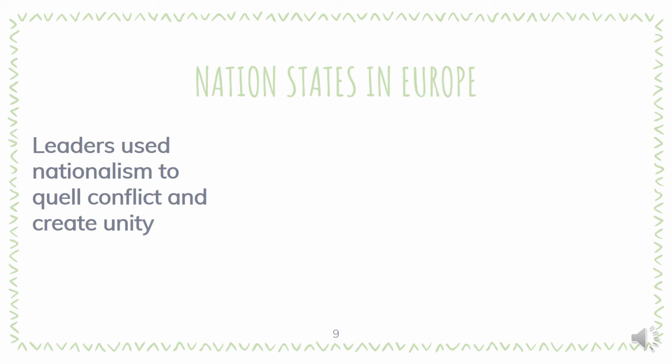And so nationalism actually became a way of quelling social conflict and mobilizing the state. And so leaders pushed this idea of nationalism to quell rebellions, to create unity, and to bring about stability in society.